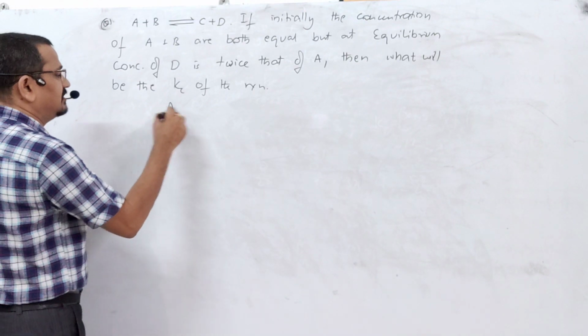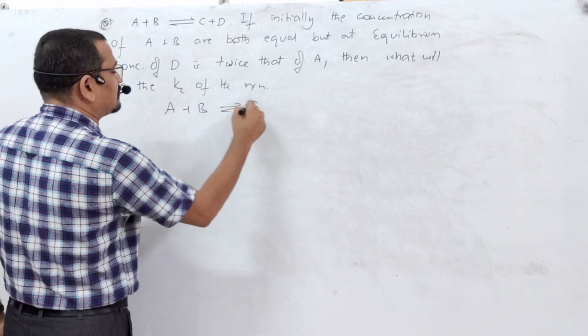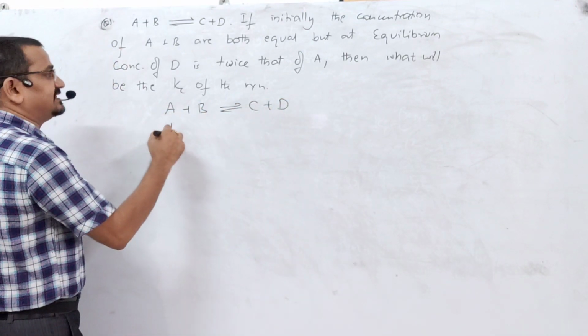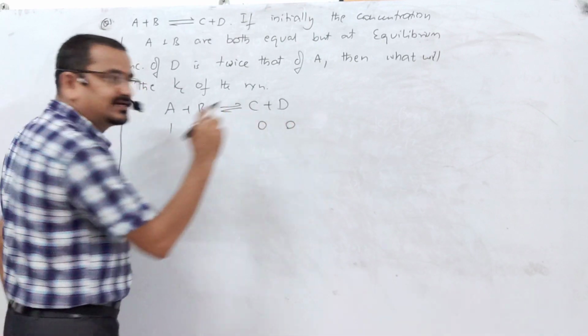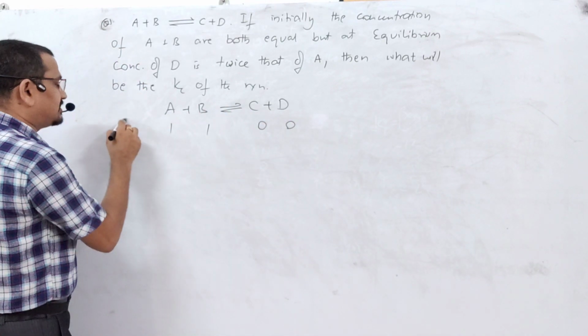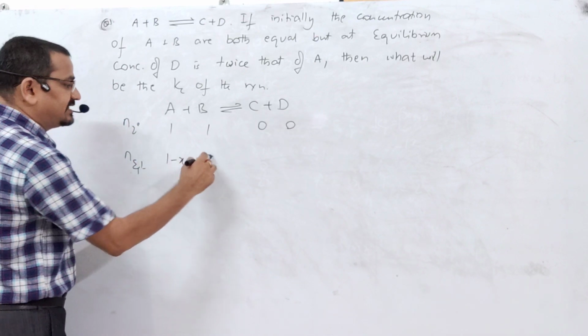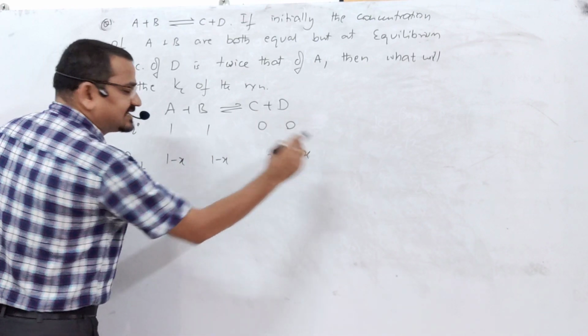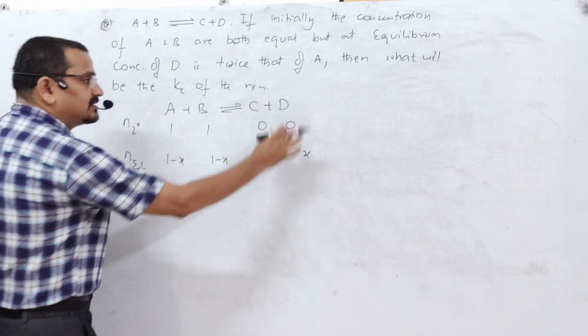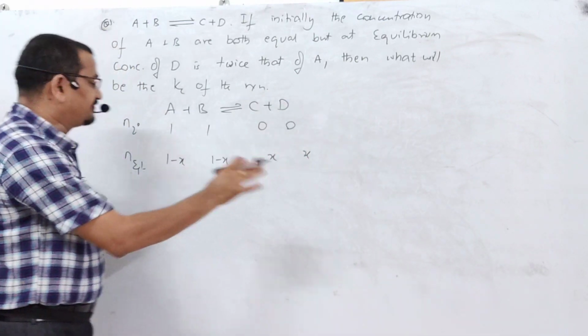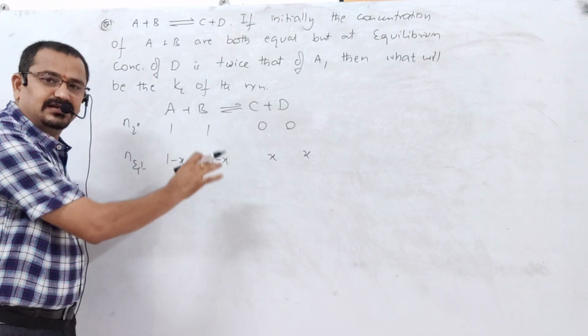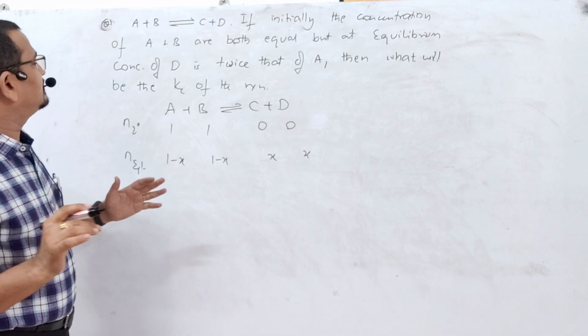For example, A plus B is at equilibrium with C plus D. Initially this is 1 mole, 1 mole, 0 and 0. Now these are the initial number of moles. Number of moles at equilibrium will be 1 minus x, 1 minus x, x and x. This is the equilibrium concentration of D, and this is that of A and B. Now what's the line given?